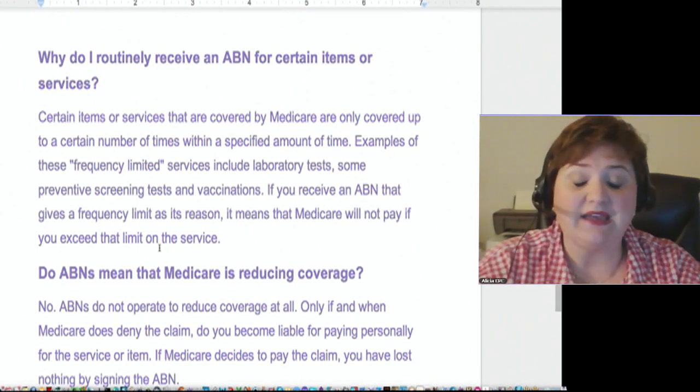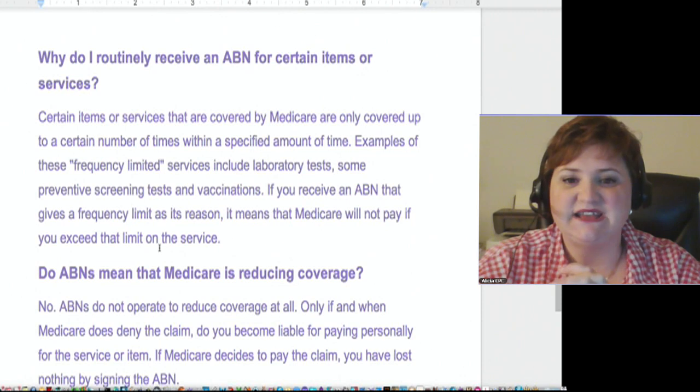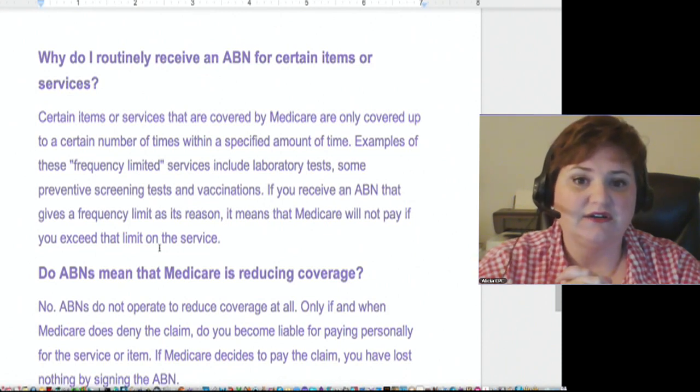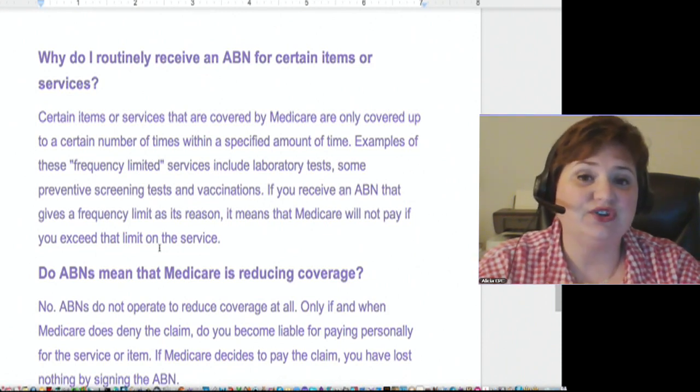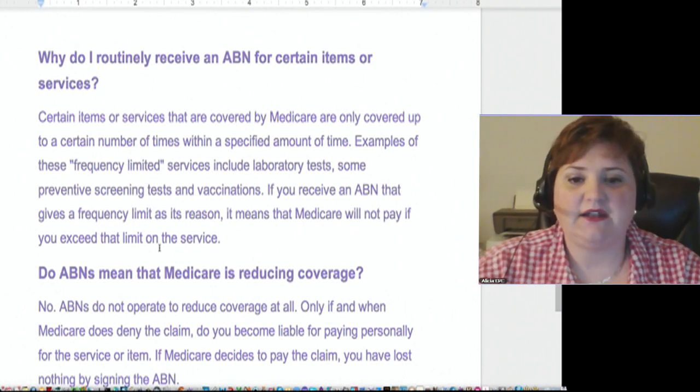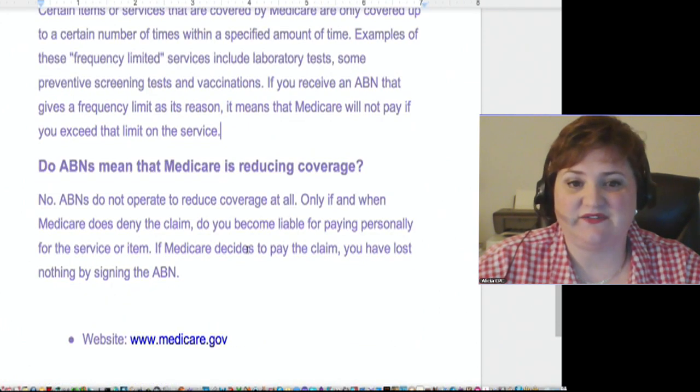I don't know, I'm making that up, but it may say you can have 3 vaccinations in 1 year, or 2 vaccinations in 1 year. You and your doctor get to choose, but they're not going to pay for 3. There could be all kinds of things like that. Or you can have X amount of lab tests in 1 year, or in 1 month.